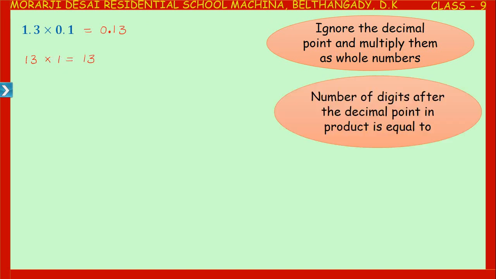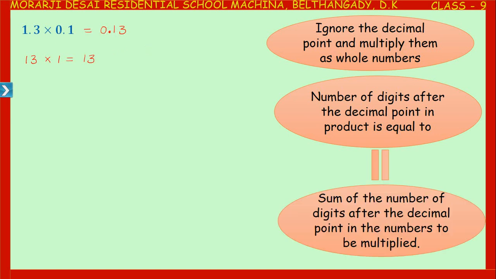The next step is that the number of digits after the decimal point in the product is equal to the sum of the number of digits after the decimal point in the numbers to be multiplied.